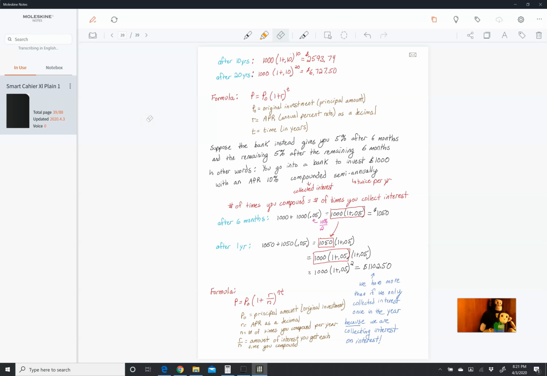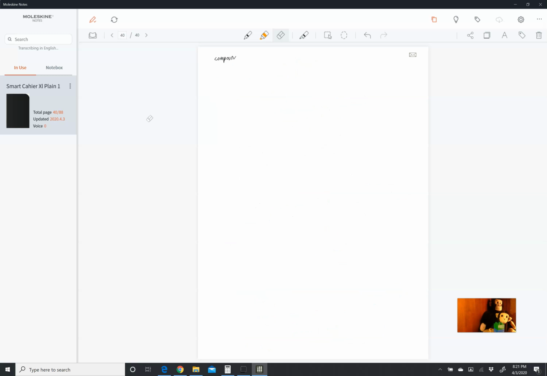Compounding semi-annually just means that N is 2. If you see that it's compounding quarterly, then your N is equal to 4.